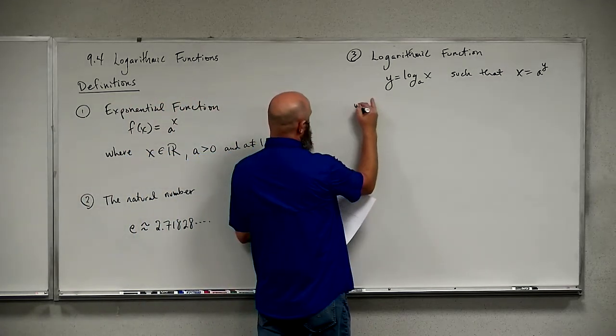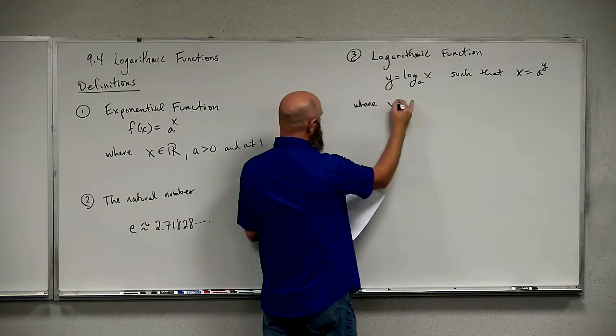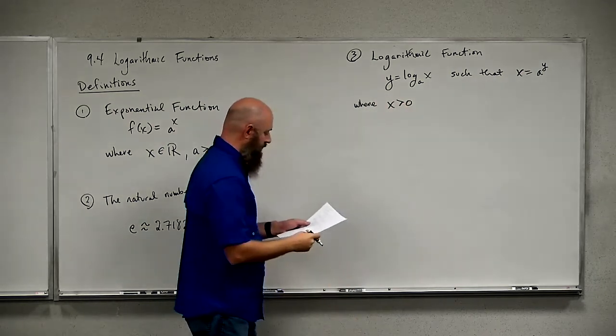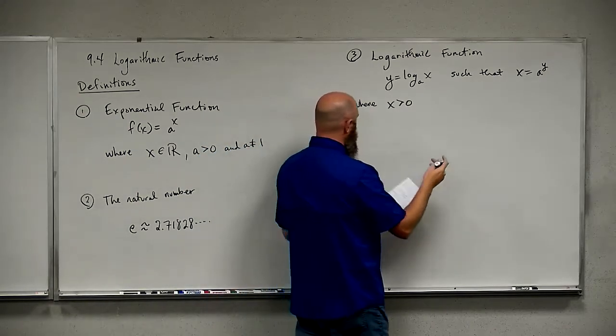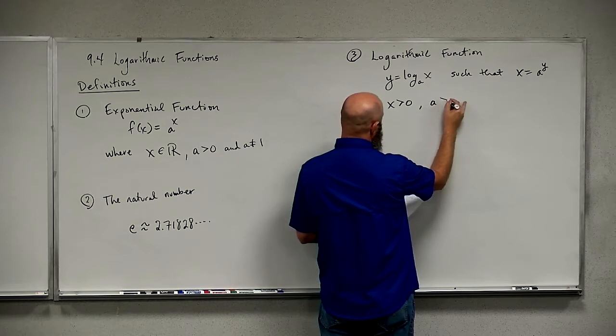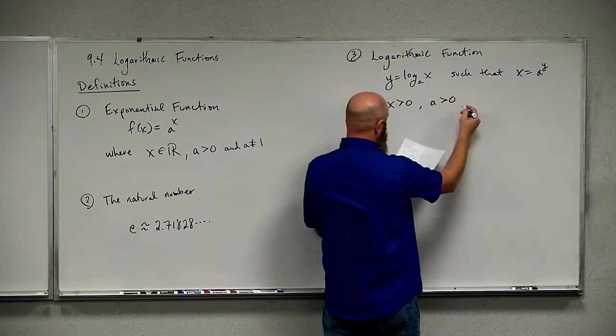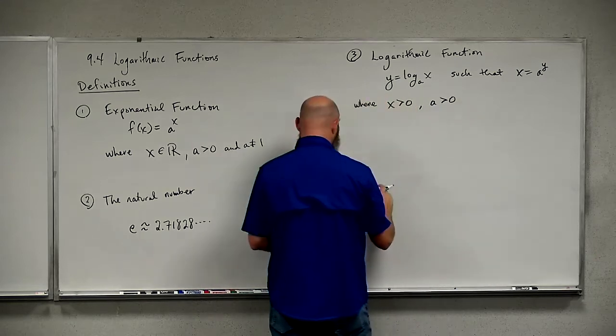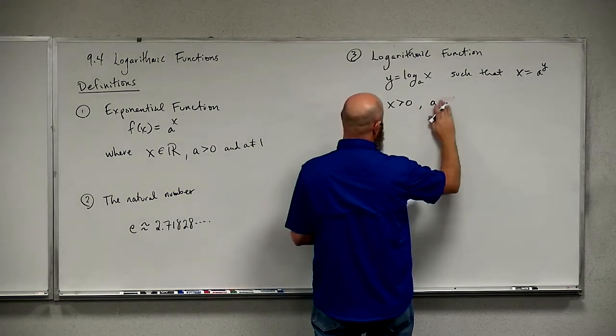Now we do need here where x is greater than 0, and much like before, a must be greater than 0, and actually it should be a constant as well. So let me fix that.